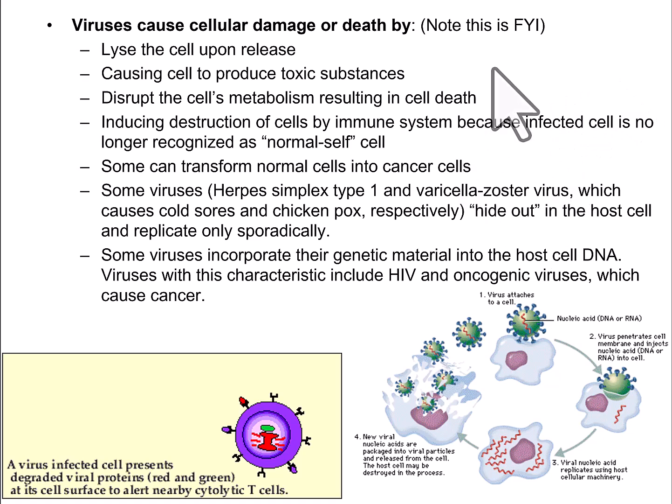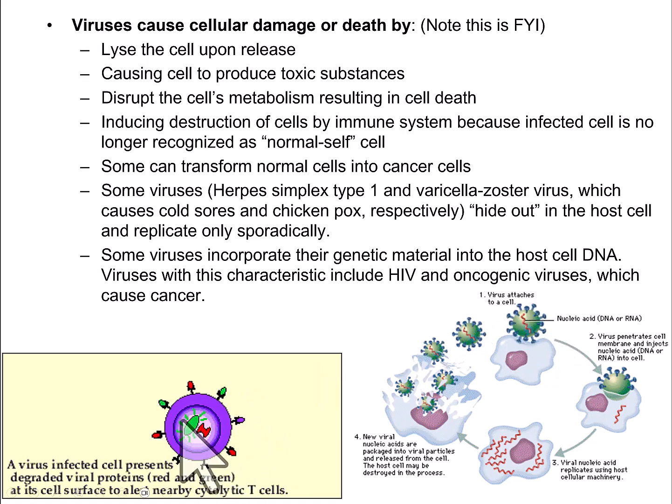Some viruses, such as herpes simplex type 1 and the varicella zoster virus, which cause cold sores and chickenpox, respectively, hide out in cells and then can replicate sporadically. Some viruses incorporate their genetic material into the host cell DNA. And viruses with this characteristic, which include HIV and oncogenic viruses, can cause cancer.